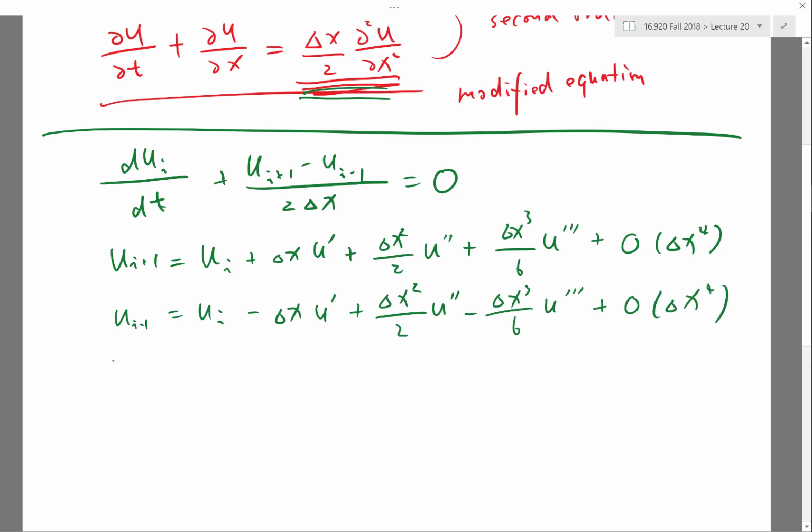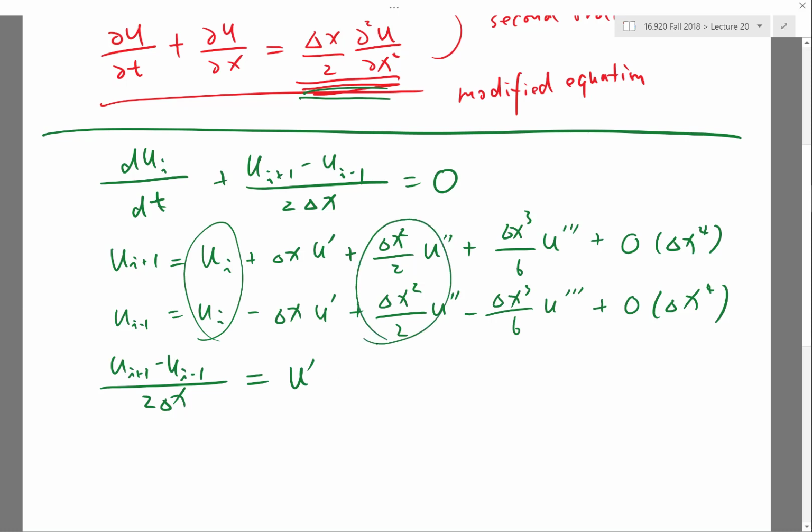Okay. Now with that, let's see what ui plus 1 minus ui minus 1 divided by 2 delta x is. This term gets cancelled out. This term becomes exactly u prime. This term gets cancelled out again, but this term is still here.